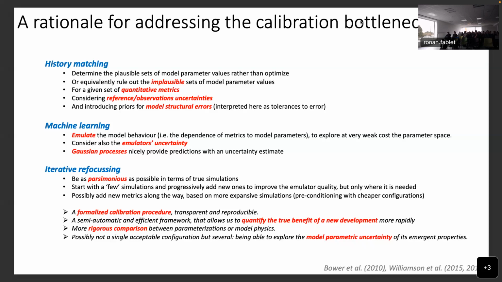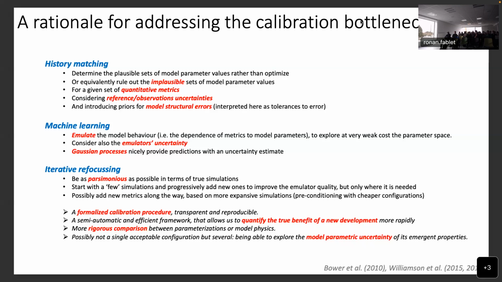So the idea is to start with a few simulations and progressively add new ones to improve the emulator quality, but only where it's really needed. So we want to rule out some part of the space where we know, given the uncertainties, that the model is not skillful, and add new simulations where it's interesting to have them to increase the emulator prediction capabilities.